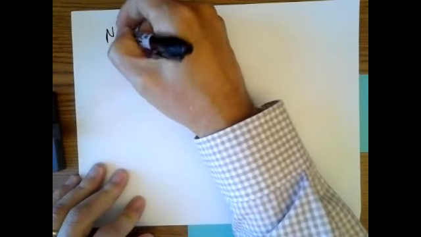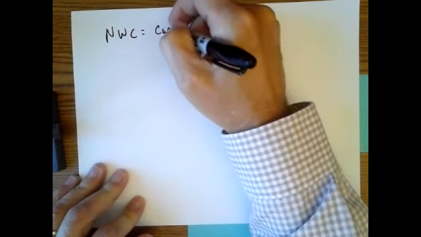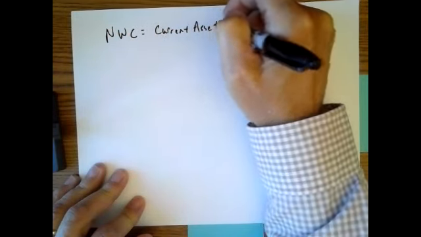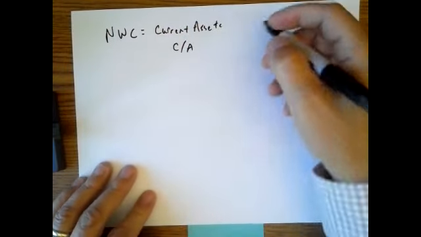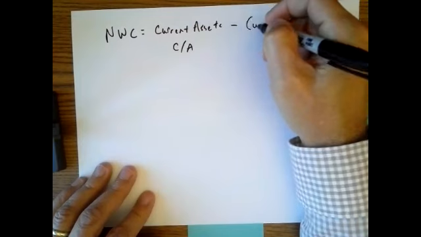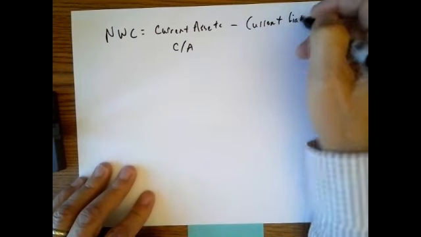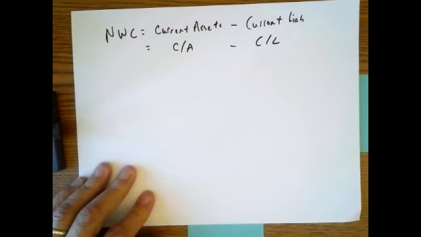Part B says, what is Best Care's net working capital for 2015? I'm going to abbreviate net working capital as NWC, and net working capital is current assets, or C/A, minus current liabilities, or C/L. That's a standard shorthand.